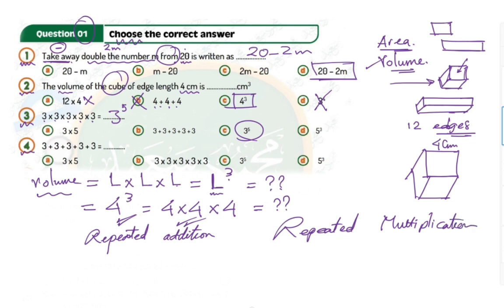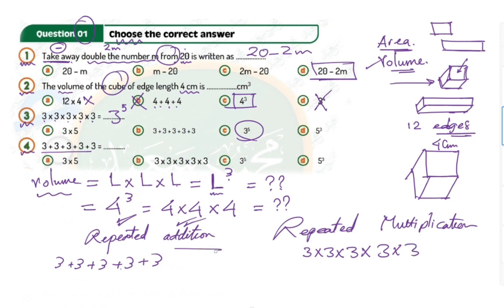Repeated addition like 3 plus 3 plus 3 plus 3 plus 3. How many 3? 1, 2, 3, 4, 5. Repeated multiplication is 3 by 3 by 3 by 3 by 3, 5 times.